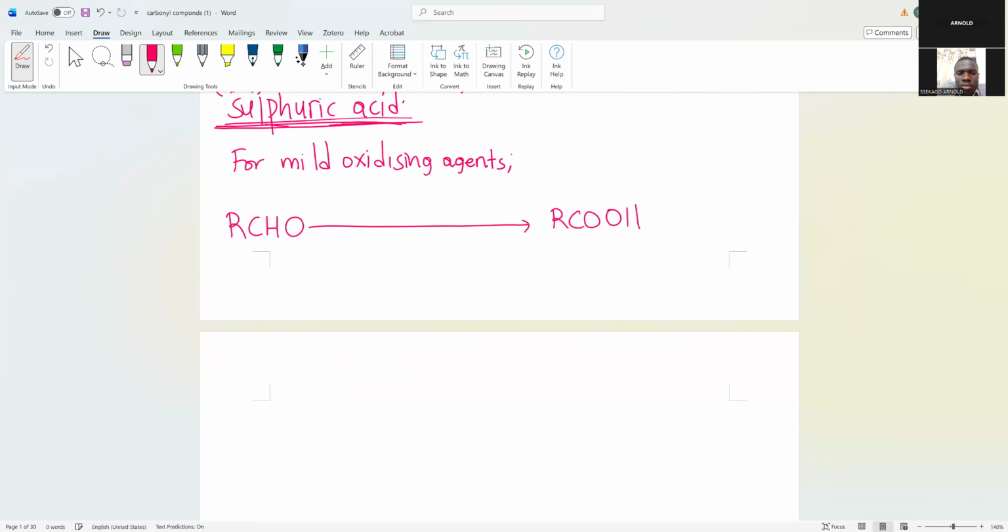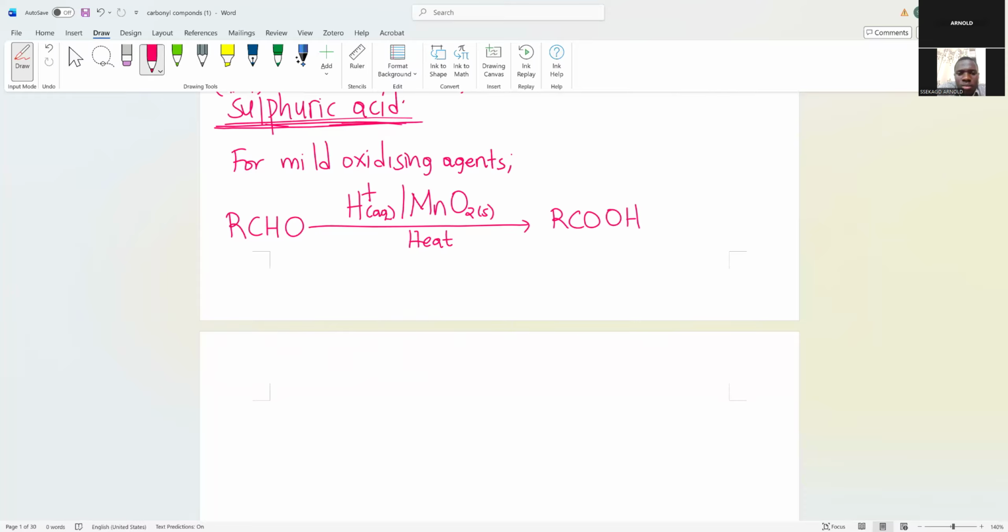You know what oxidation means? Oxidation is addition of oxygen. So what are some examples of mild oxidizing agents? Manganese 4 oxide acidified with dilute sulfuric acid, on heat.